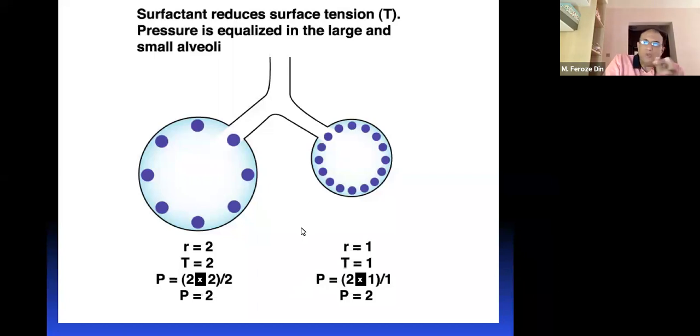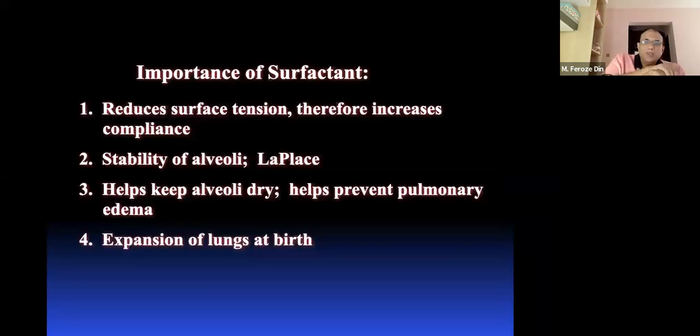Second, there'll be a reduction of the negative pressure there, so fluid will not get sucked in from the tissues. And third, the work of breathing will be better. So those are the three important facts that one has to remember about surfactant.